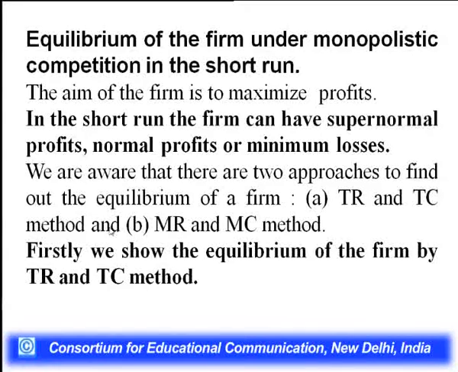Now, we will see how the equilibrium of the firm is achieved under monopolistic competition in the short run. The aim of the firm is to maximize profits. In the short run, the firm can have supernormal profits, or it can have normal profits, or it can have minimum losses depending upon the demand and cost conditions.